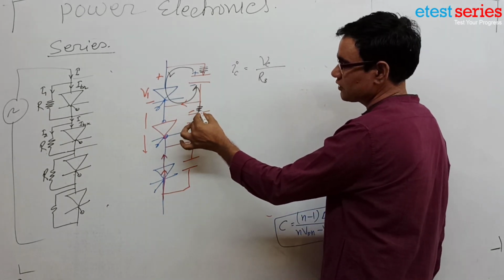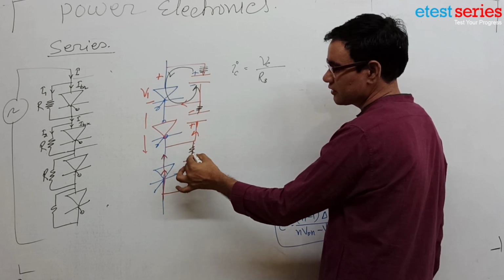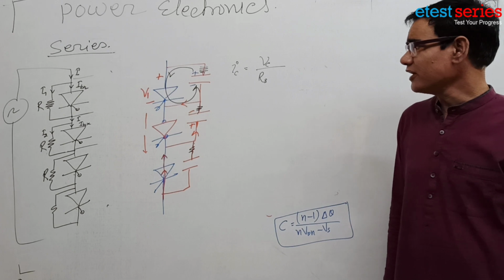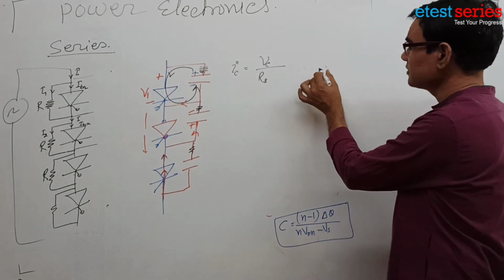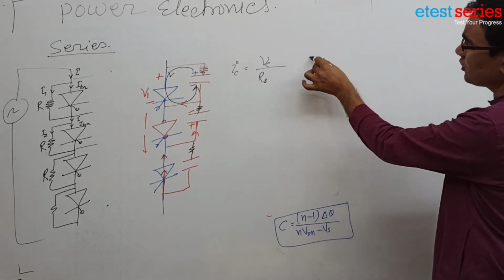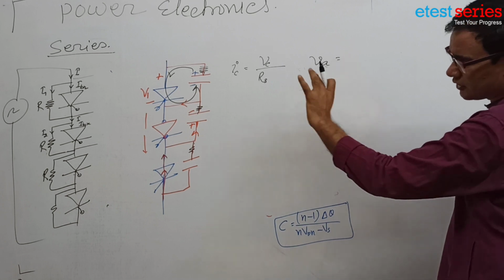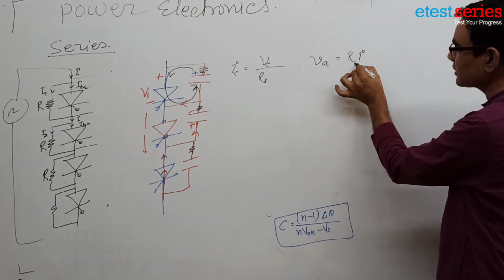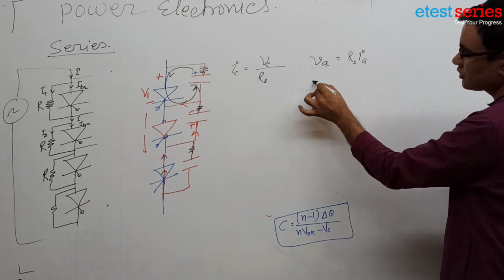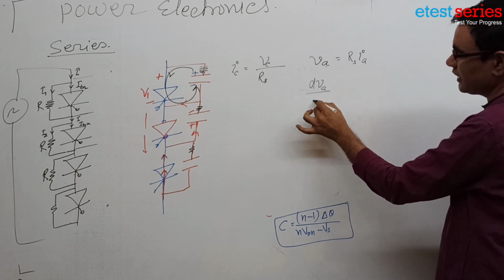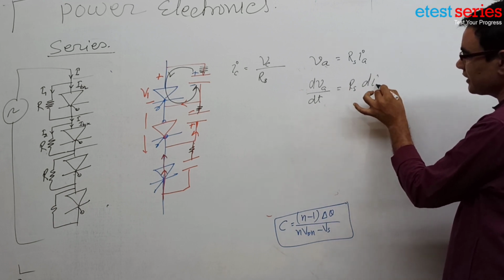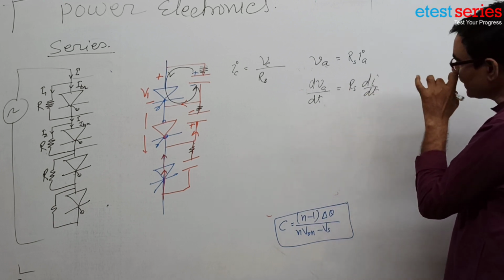A resistance is connected over here. How can we find out the value of the resistance? The voltage across the anode is equal to R series into I. So dVA/dt, the rate of change of voltage, is equal to Rs into di/dt, the rate of change of current.